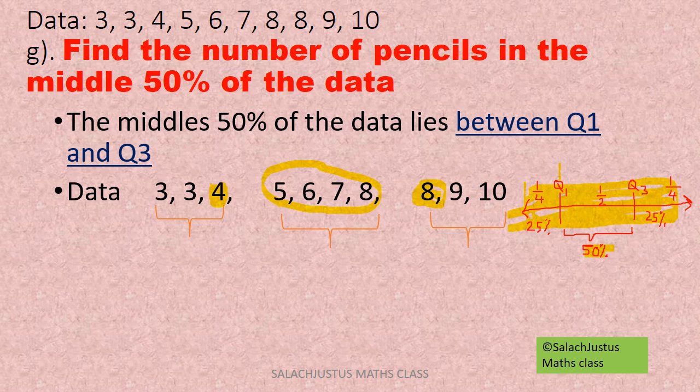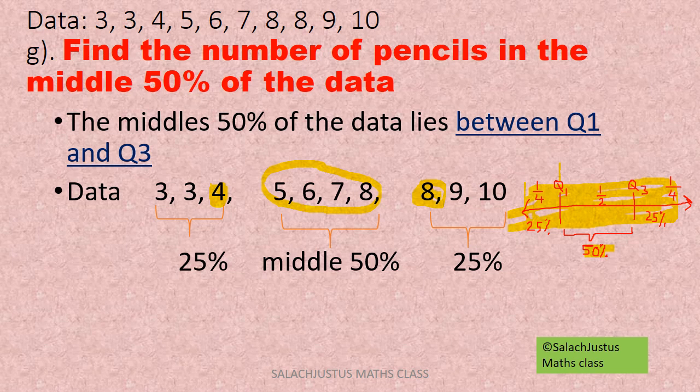So the middle 50% of the data lies between Q1 and Q3. So our arrangement comes back. The first 25% of the data, that is where our Q1 is, 3 values. Then 4 values at the middle and 3 values at the upper quarter.